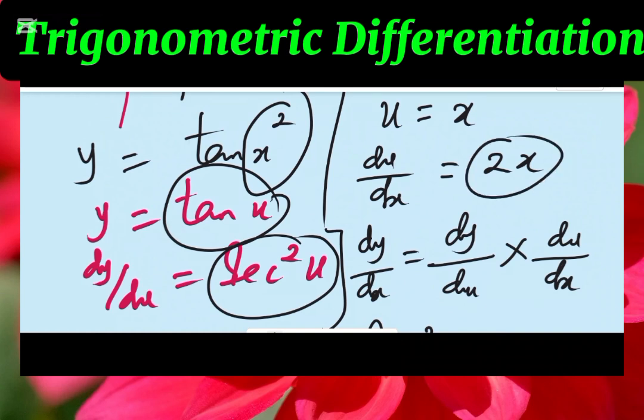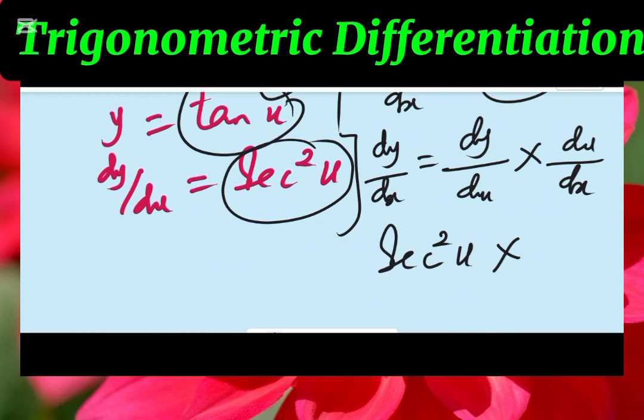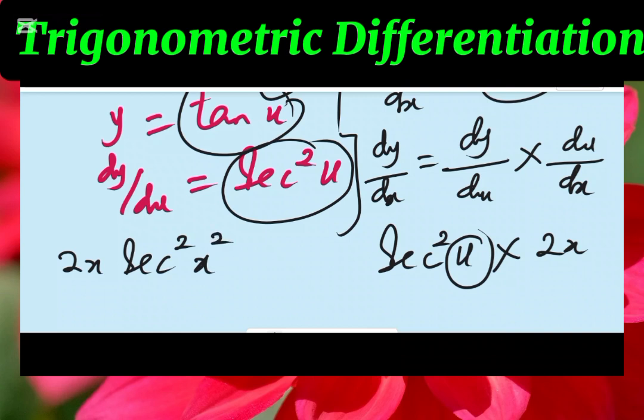So this is 2x, and this is the same as 2x sec square u, but u is x square. So dy dx is 2x sec square x square. Very interesting. Thank you.